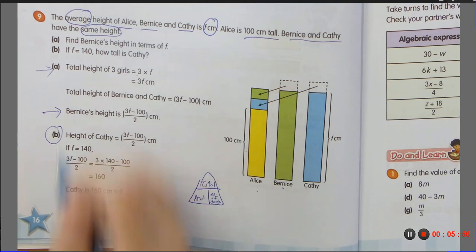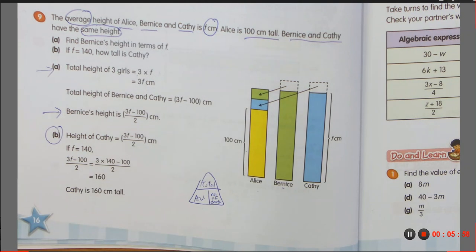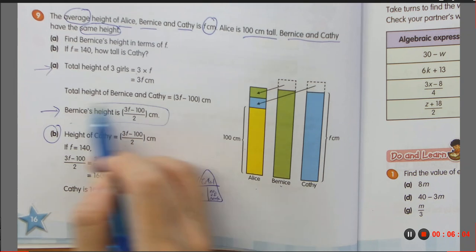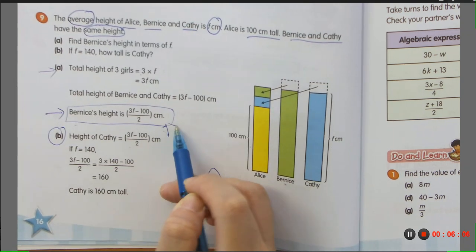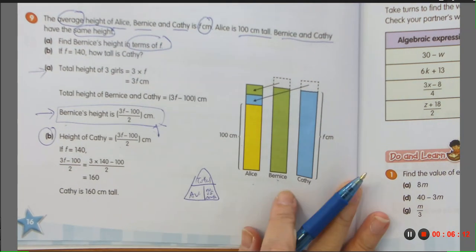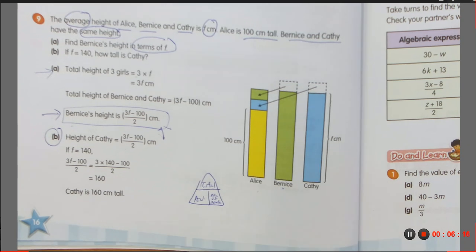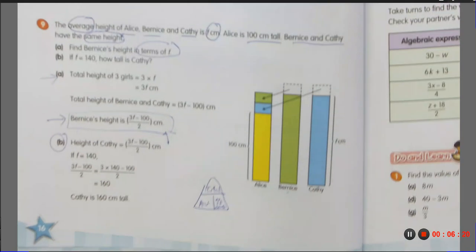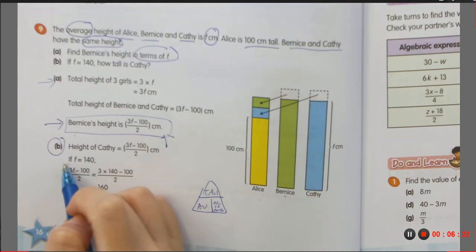Yes. Then here comes the next one on the working set. It says, now that I found Bernice's height expressed in terms of n, using this algebraic expression, if n is 140, how tall is Kathy? Does the step make sense to you?